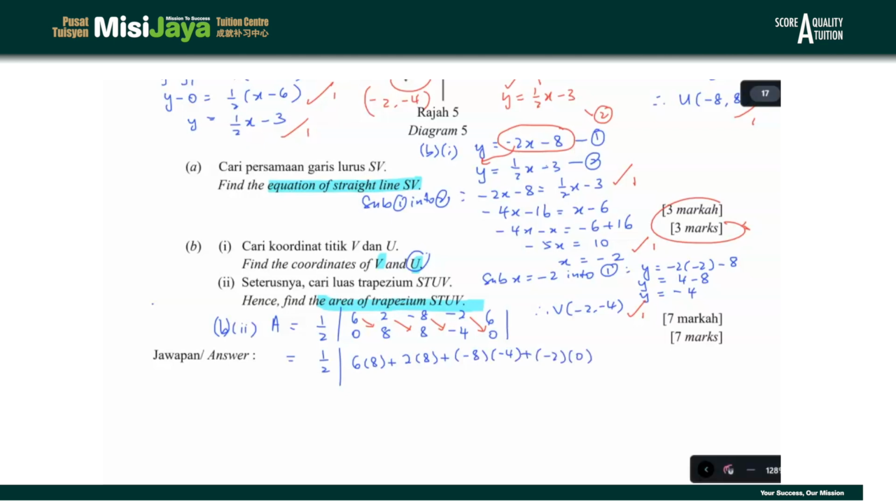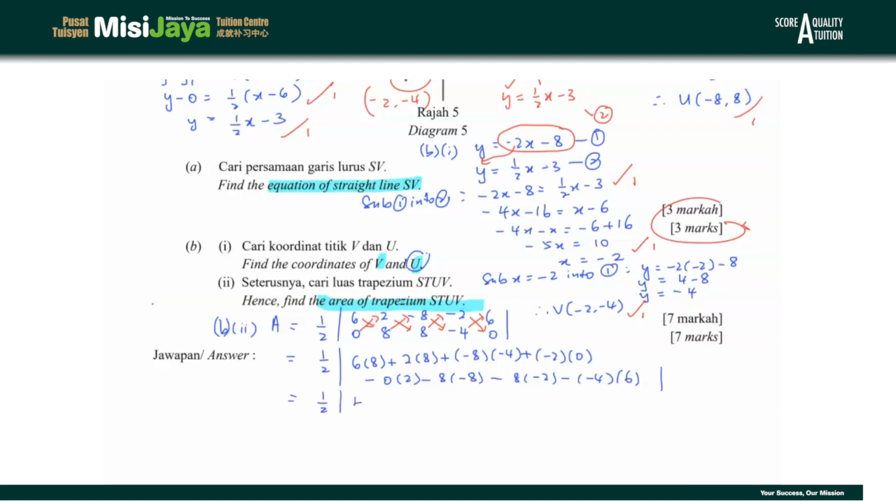Then we have to minus: 0 times 2, minus 8 times -8, minus 8 times -2, minus -4 times 6. Close modulus.